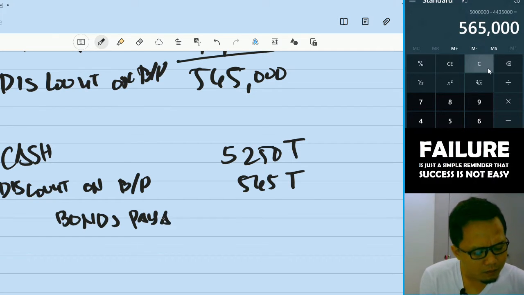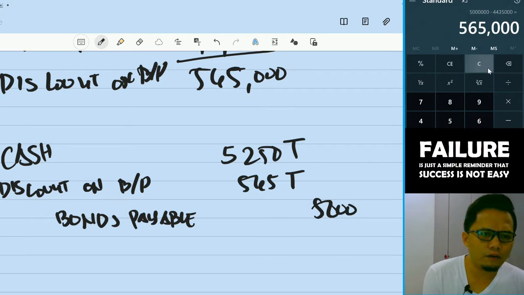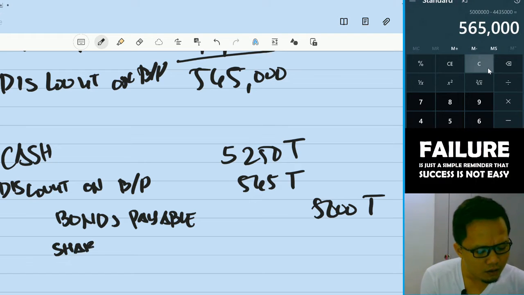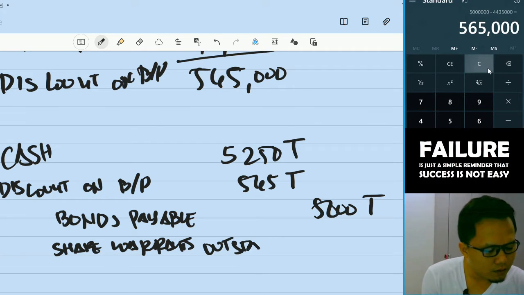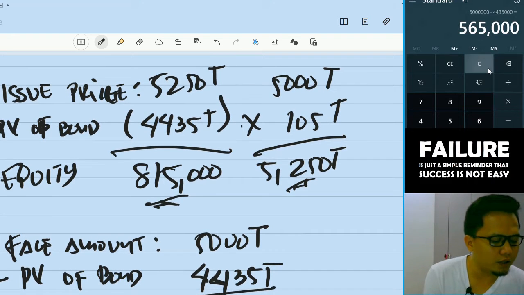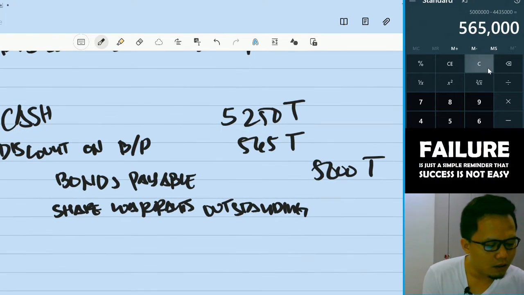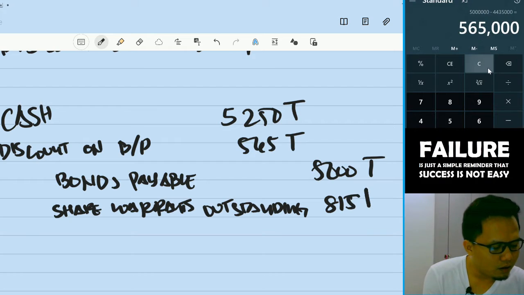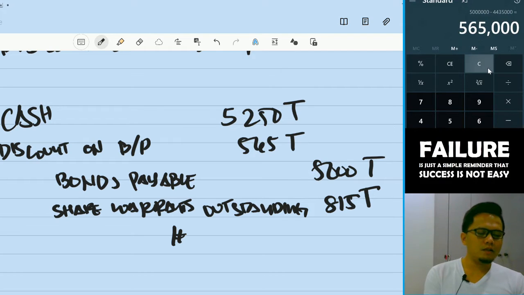Credit bonds payable of 5 million at face amount, then credit share warrants outstanding at 815,000. So, basically, that's it.